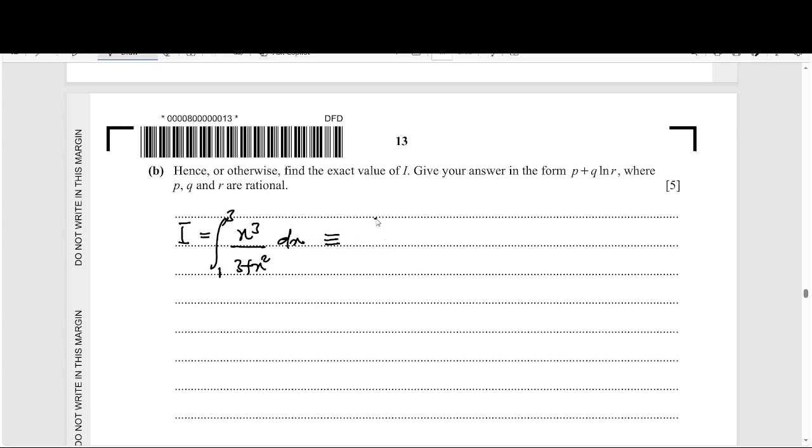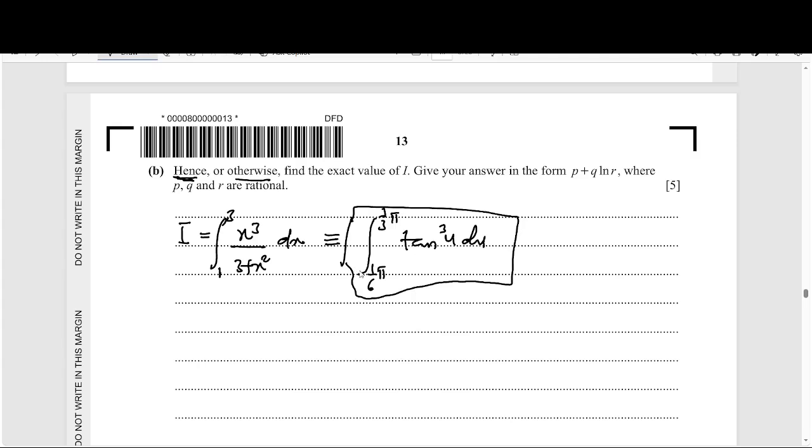form integral from 1/6 pi to 1/3 pi of tan cube of u du. And the question is saying hence or otherwise find the value of I. So hence find the value of I means that we should continue from where we ended in part A. We should find the value of I using this integral, right?